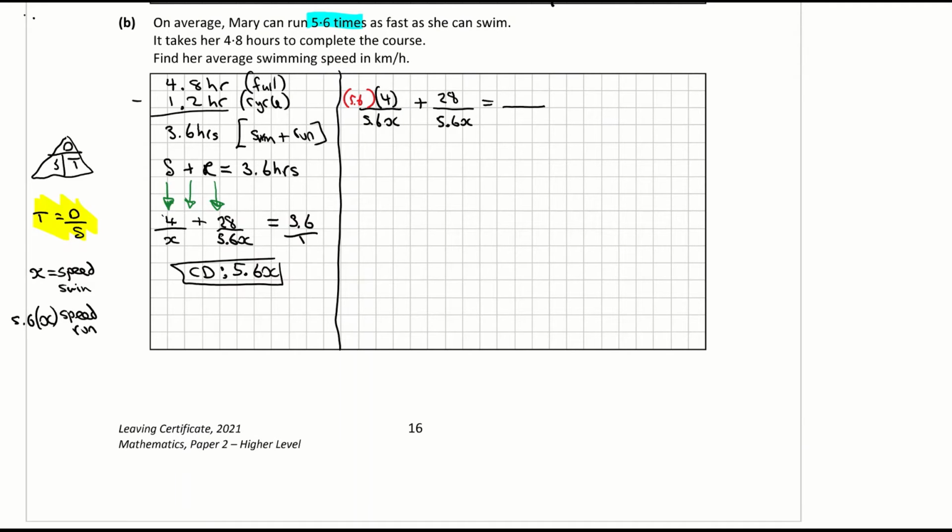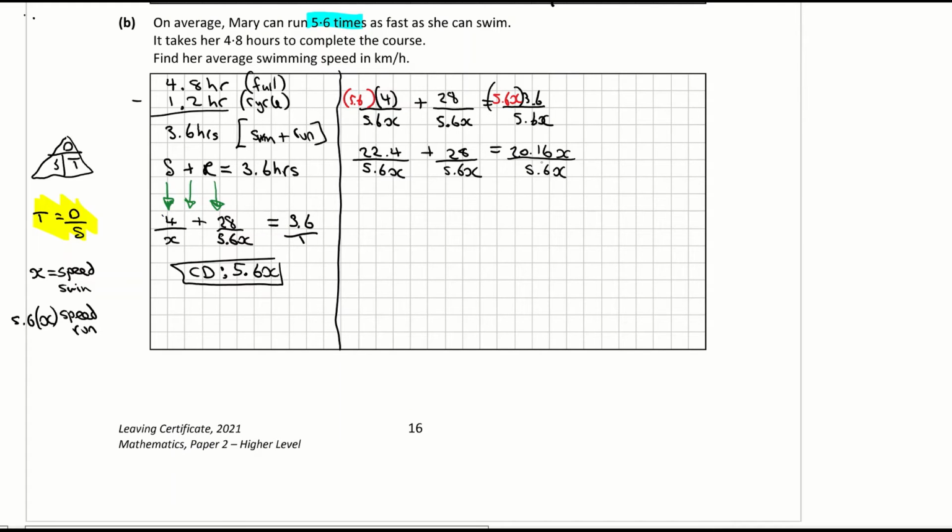Coming over to the 3.6 hours, it was over 1, so I need to put that over my common denominator, 5.6x. That means I need to multiply the top by 5.6x. Working that out, 5.6 multiplied by 4 gets me 22.4 over 5.6x, plus 28 over 5.6x equals 20.16x over 5.6x.